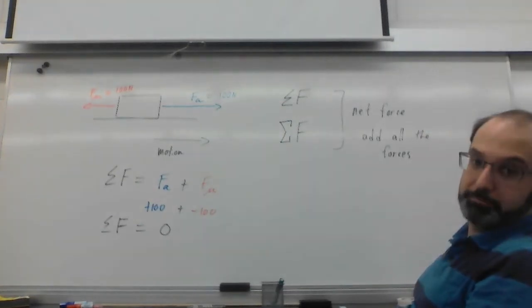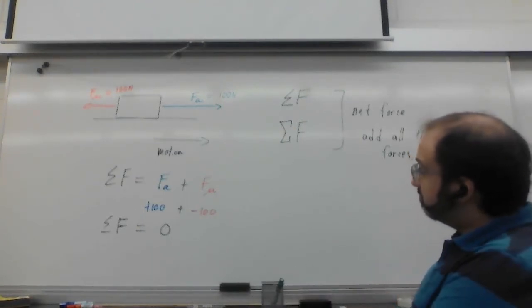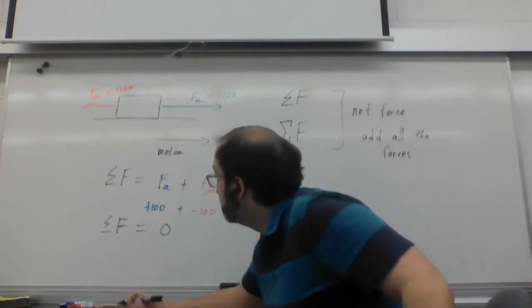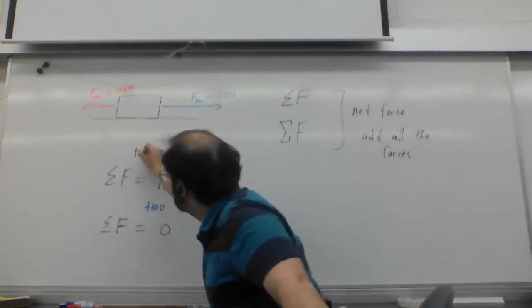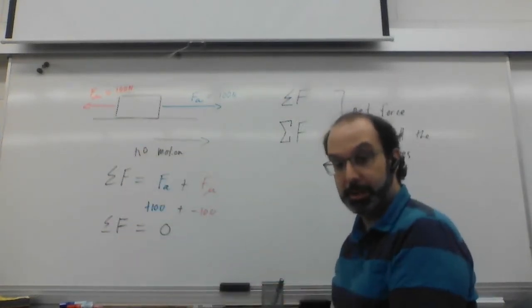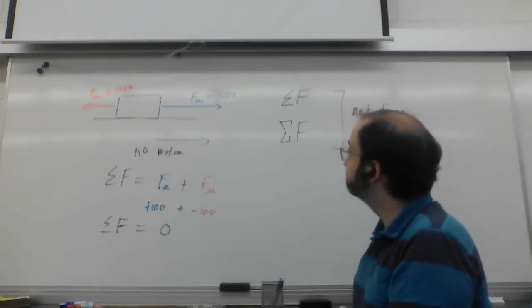So, tricky. It would be force normal in this case. So yeah, in this particular situation, there would be no motion because the two forces are in balance. If there is a balance of force, nothing happens.